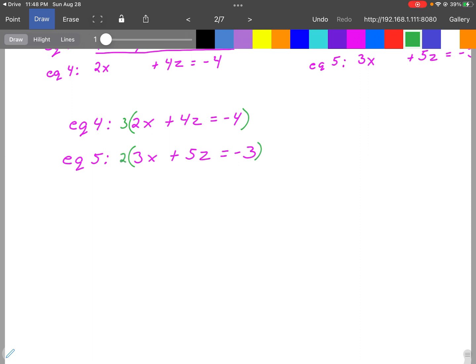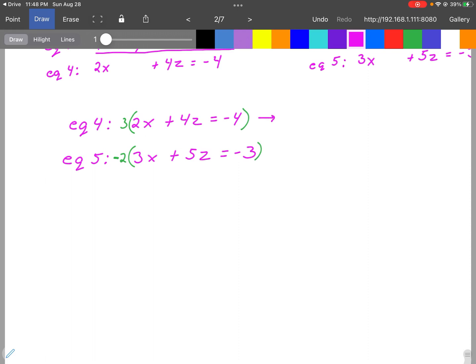But just like we talked about before, in order for those to actually cancel, they've got to have opposite signs as well. So I need to either make the 3 negative or I can make the 2 negative. Only one of them though, because I want one of them to be a positive 6x, I want the other one to be a negative 6x. So I'm going to go ahead and make the second one the negative.